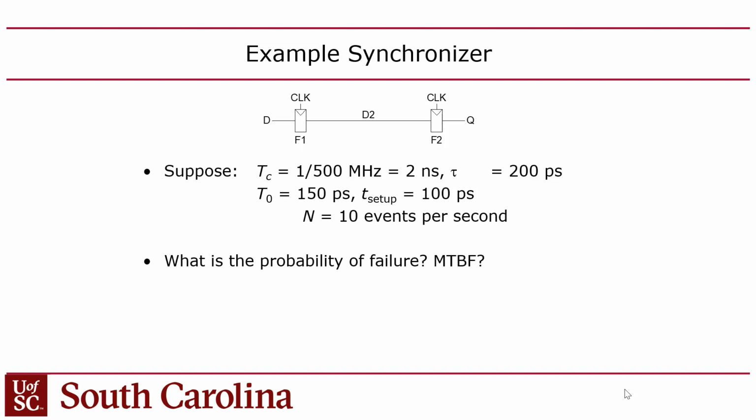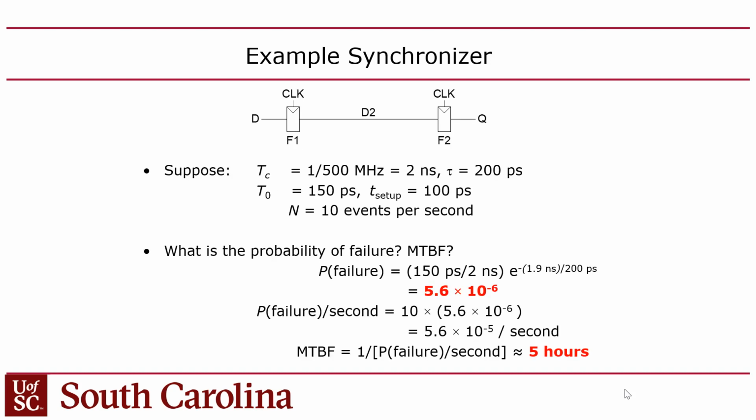And then T0 is 150 picoseconds. What was T0 again? Aperture time. Okay, and then T setup is 100 picoseconds, and N is 10 events per second. So there are a lot of values here, but you just plug them all in. What you get for the probability of failure every second is 5.6 times 10 to the negative 6th power.